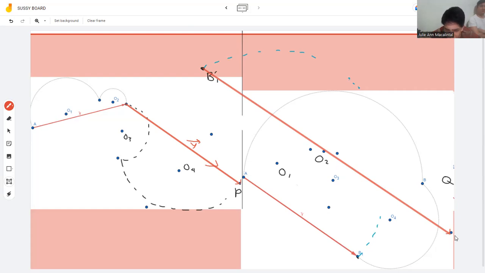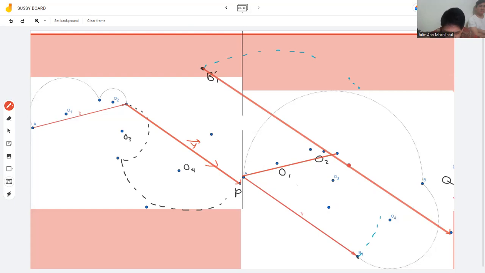So what's this example? So what other noticeable similarity seems to be occurring here?